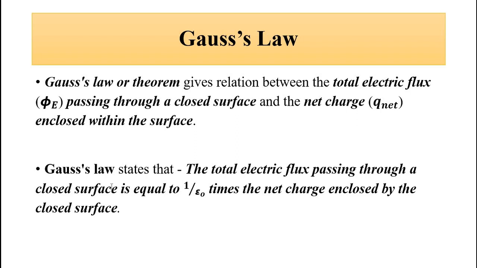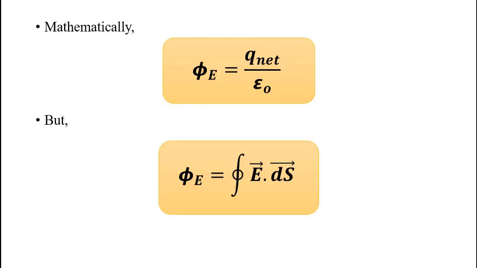The Gauss law statement is that the total electric flux passing through a closed surface is equal to 1 by epsilon 0 times the net charge enclosed by the closed surface, where epsilon 0 is the absolute permittivity, or permittivity of free space or air. Simply, the electric flux passing through a closed surface is equal to 1 by epsilon 0 times the net charge enclosed by that surface.